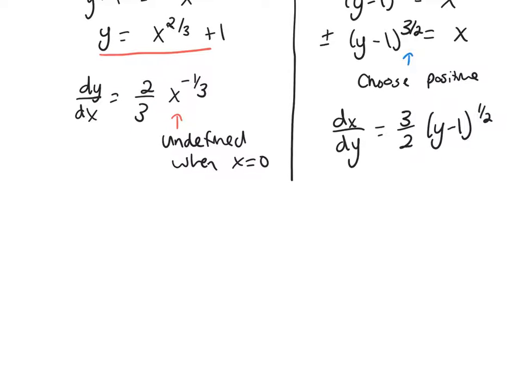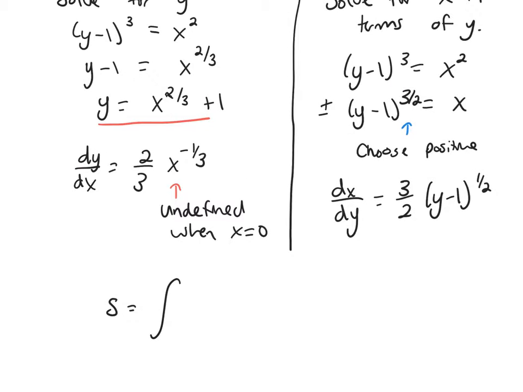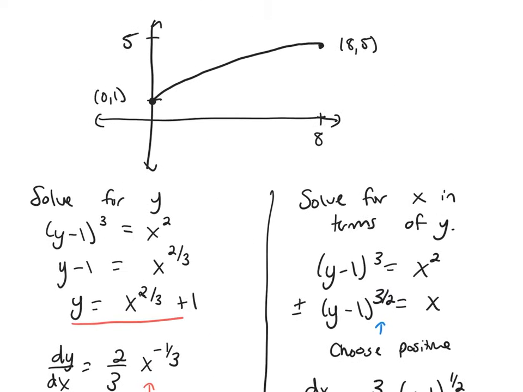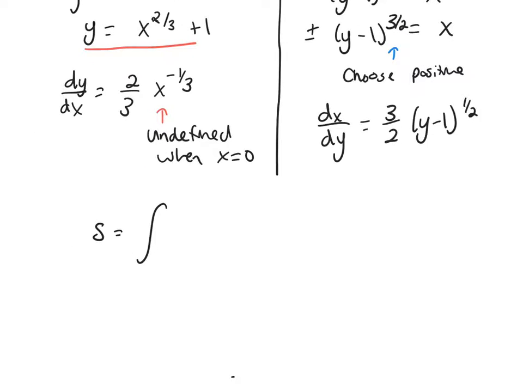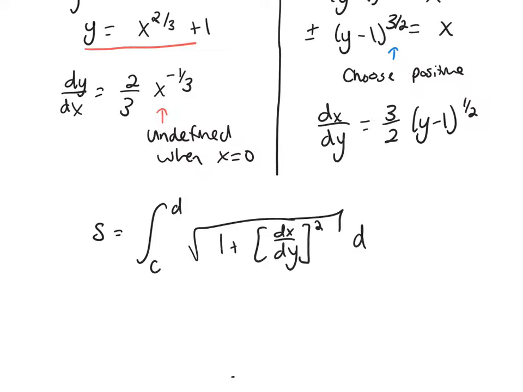Now that we have our derivative, we're ready to plug into our arc length, s. It's the integral. Let's write our formula down first. We're going to integrate in terms of y, so it'll be c to d, the square root of 1 plus dx dy squared dy.